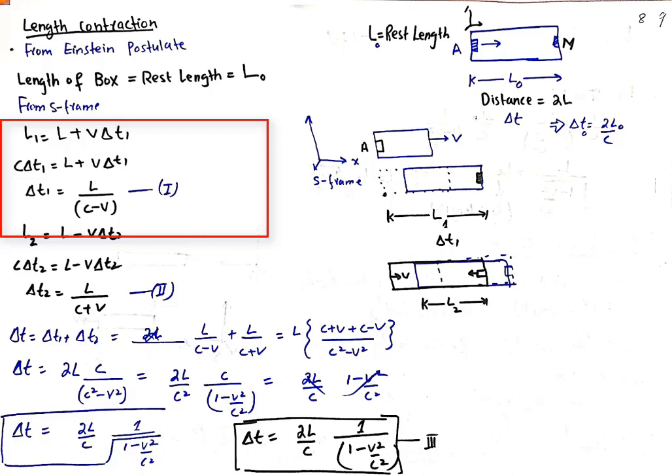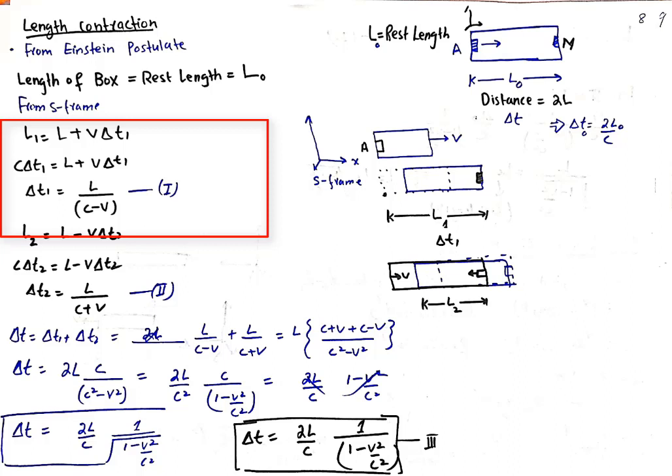But since the frame is also moving, this rectangular setup also covers an extra distance of v times delta t1, and therefore the point M has moved along the positive x direction. So the distance covered by light in this journey, let us call it L1.